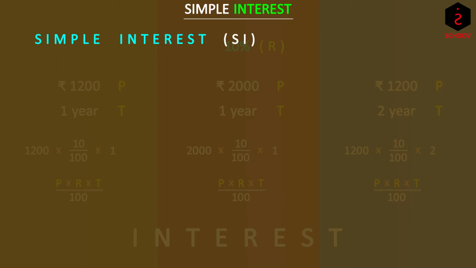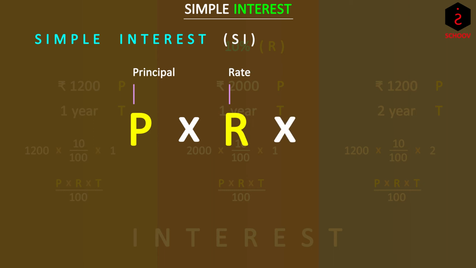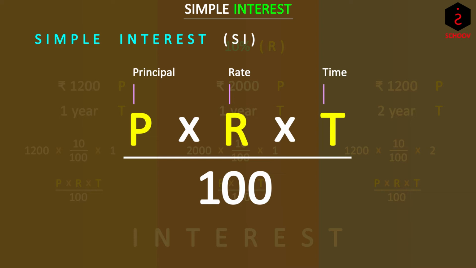Why simple? Because there is something called compound interest, which you will learn later. And the formula to calculate SI is P principal into R rate into T time upon 100. PRT upon 100.